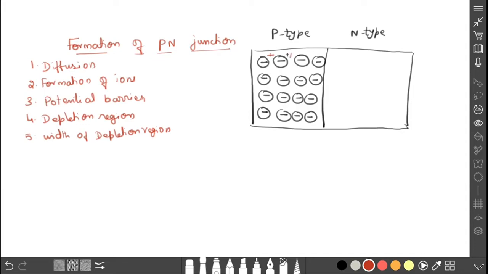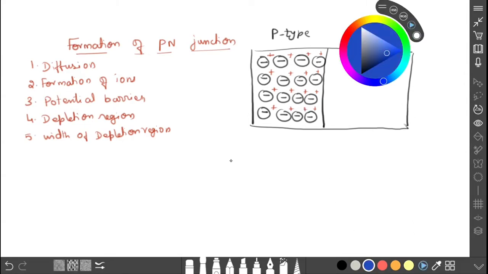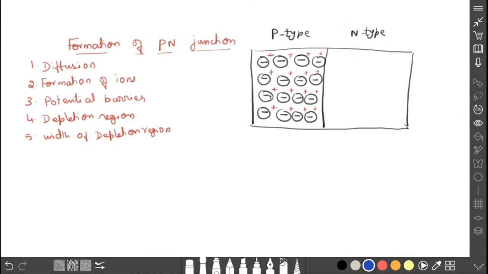And the minority charge carriers will be represented by the negative sign. The same thing we have to discuss for n-type also. In n-type, donor atoms are represented by the plus symbol inside the circle. So this is donor atoms.